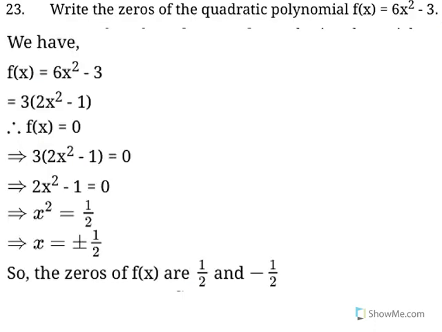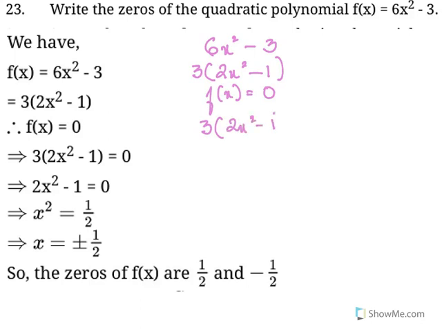Here we have to find the zeros of the quadratic. So the quadratic is given as 6x square minus 3. The first thing, we take 3 common out. So we have 3 into 2x square minus 1. Now to find the zeros, we need to put f of x equal to 0, which is 3, 2x square minus 1 equal to 0.